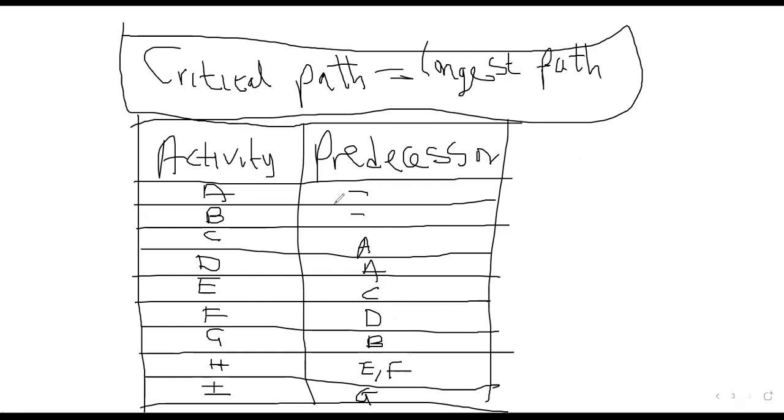So now it means that activity A and B are the starting activities because there's a dash here. There's nothing that preceded A and B. So as we draw a network diagram, we're simply saying this is 1. Then we have A, we can put a 2 here, and we have the other one here.